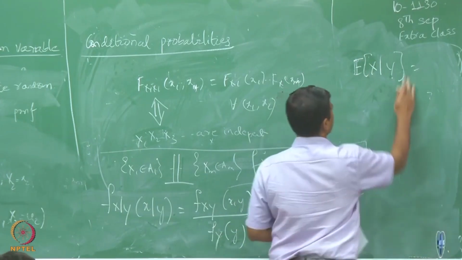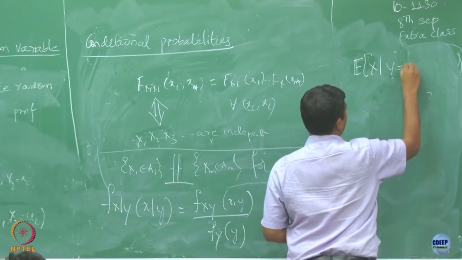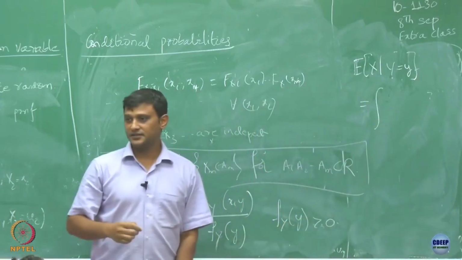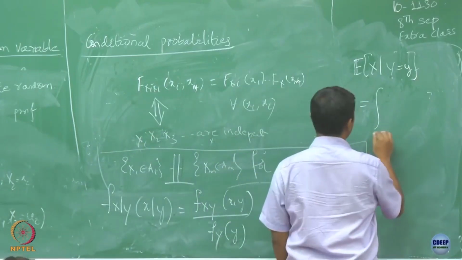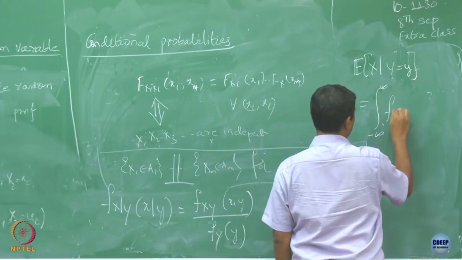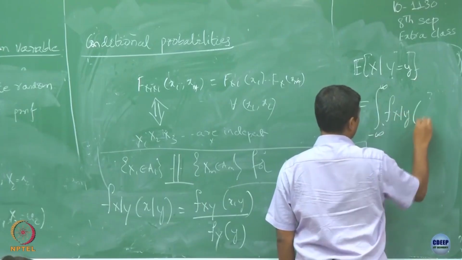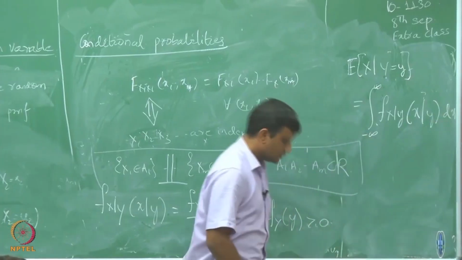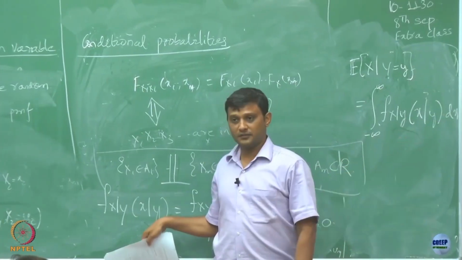How are you going to define the expected value of this? This is going to be the integral from minus infinity to infinity of f of x given y, of x given y, dx. This value I already know from this.